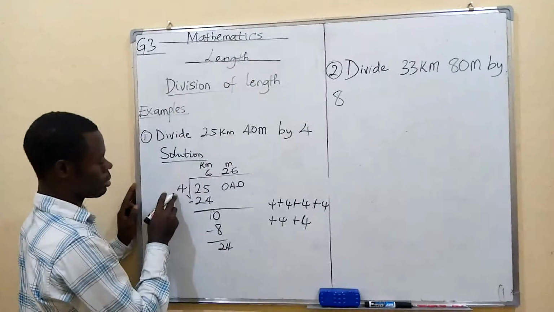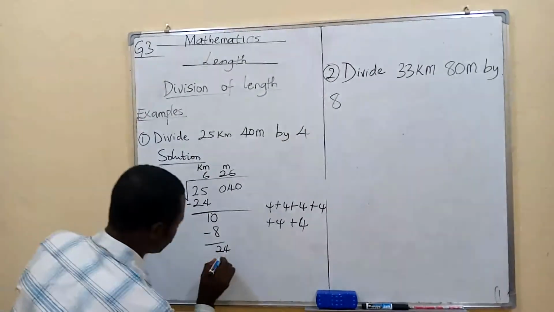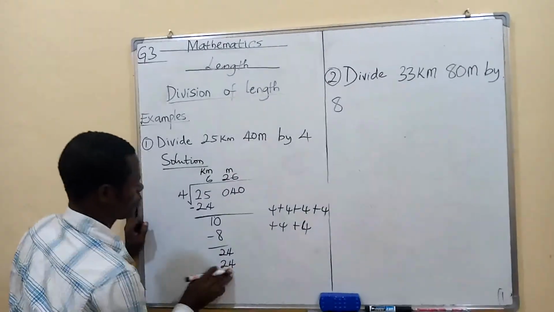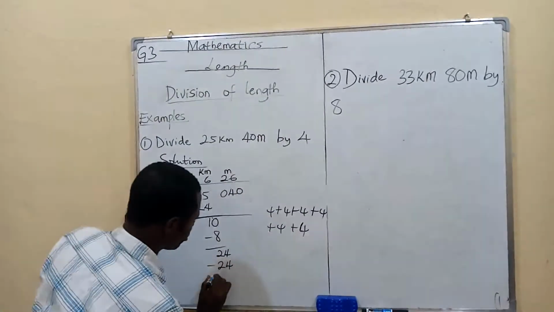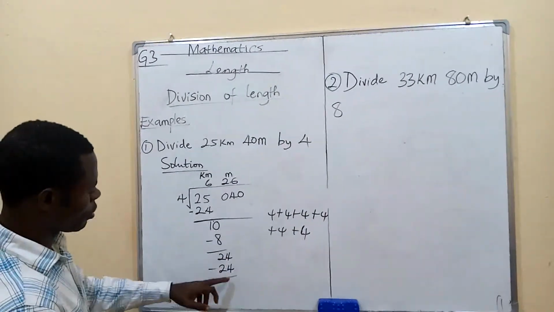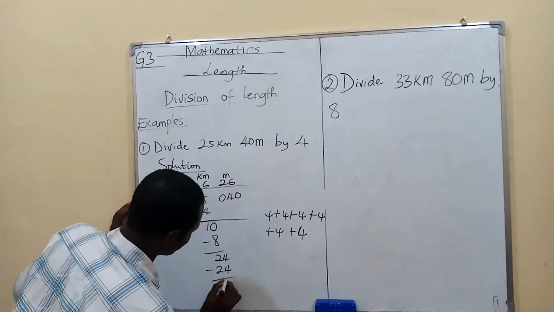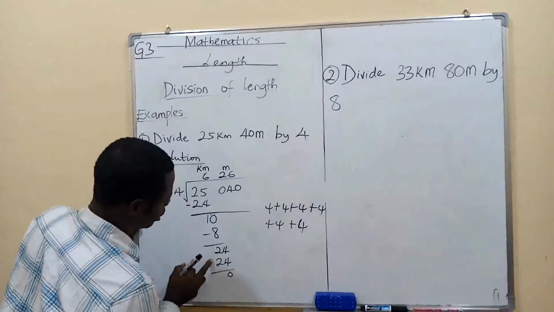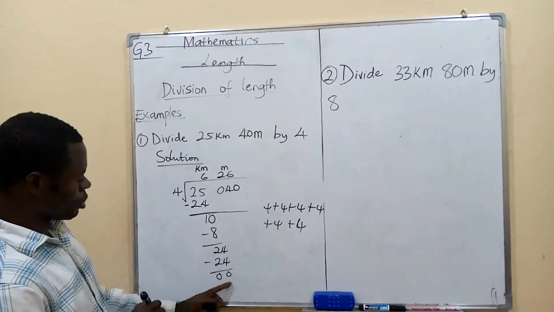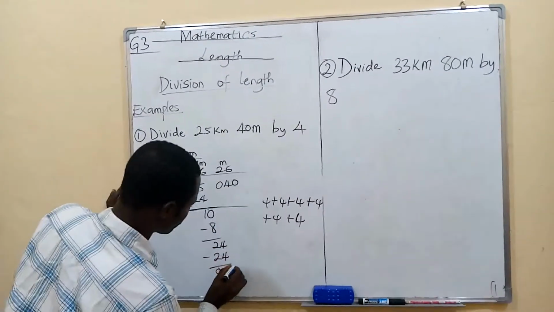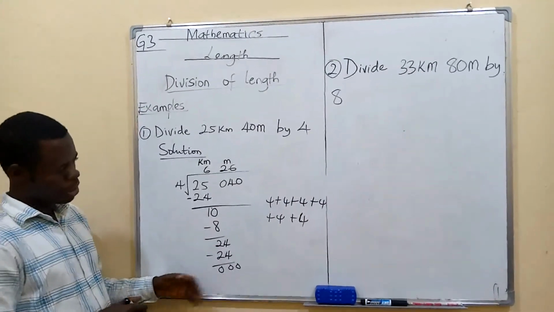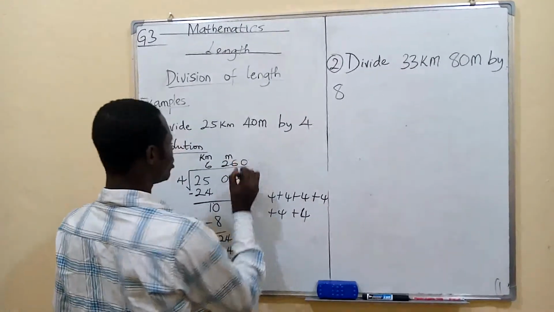Then 6 times 4 is what? 24. Alright? You subtract. 4 take away 4, 0. 2 take away 2, 0. Right now we have 0, 0. Bring down this 0. Still have 0, 0. 0, 0 divided by 4 is still 0.